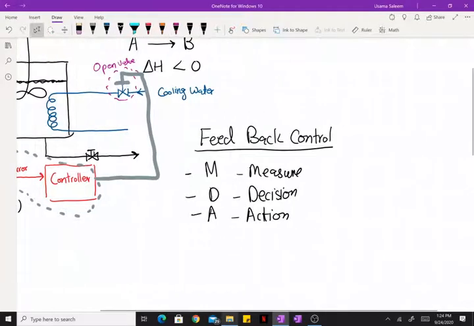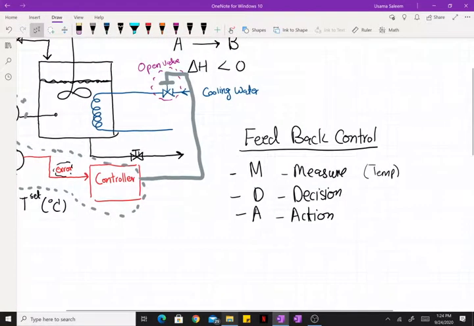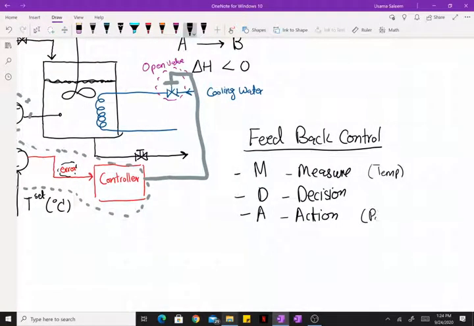In our problem, we measured the temperature. Then the controller took the decision based on the error value, and our action was the position of the valve.